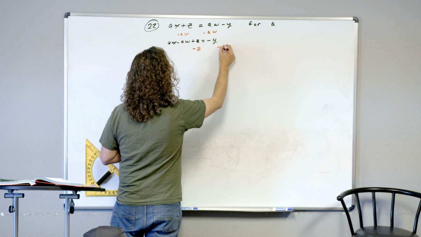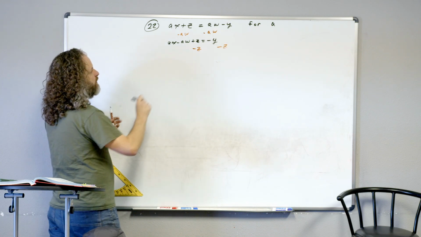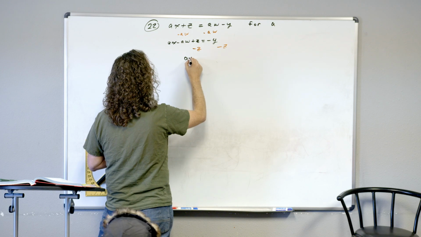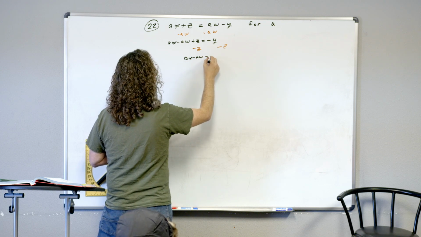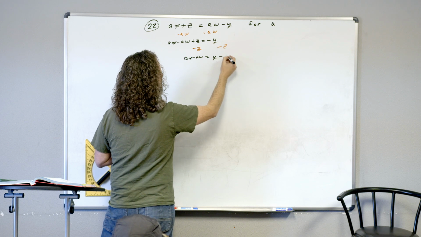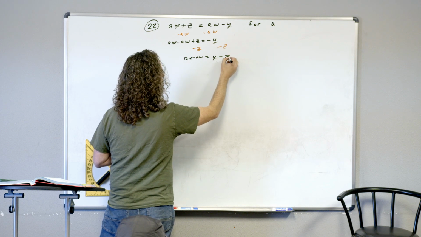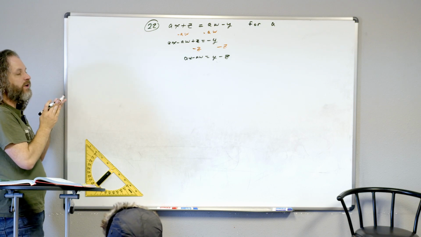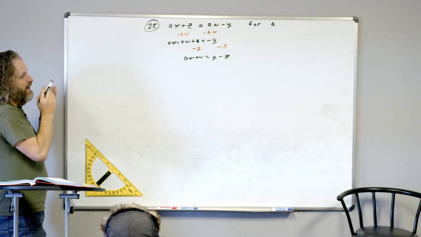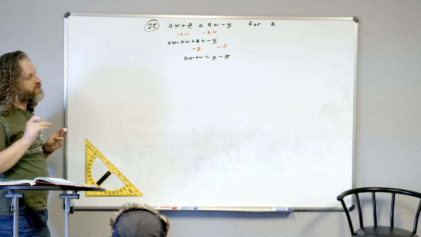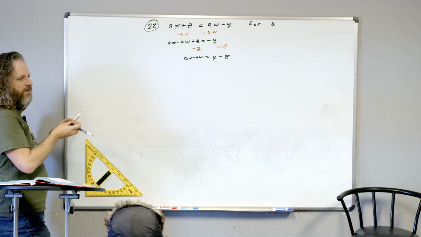So now, once we have that, we have everything that has an A in it, the one we're looking for, and everything that doesn't have an A on the other side, right? It's split into groups. Okay, so now we have to figure out how to get to that A. So what we're going to do is something that we're kind of learning new right now. We're gonna practice it a bunch later, but we're gonna actually factor an A out.